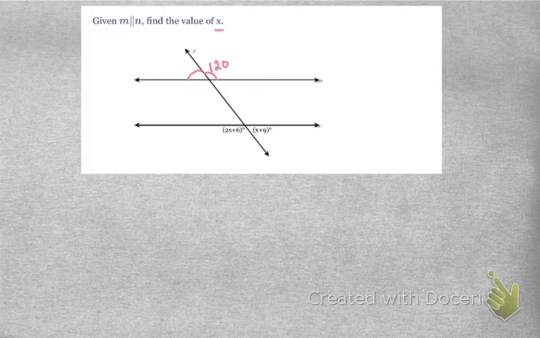They are supplemental, equal to 180 degrees. So you would take 180 minus 120, and you would wind up with, did you say 60? That's correct, because 60 plus 120 gives you that straight line, 180.